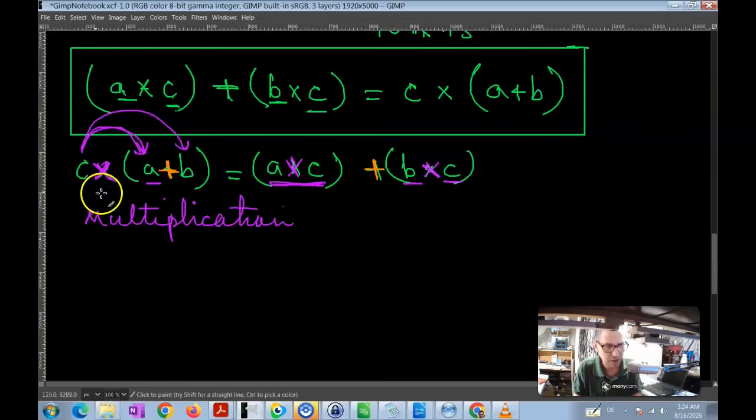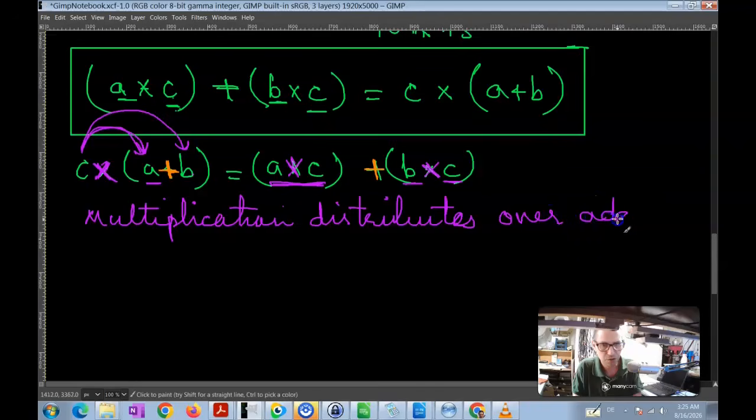Multiplication basically distributes over addition. Okay, we say multiplication distributes over addition. So multiplication distributes over addition, right? That's the meaning of this expression.